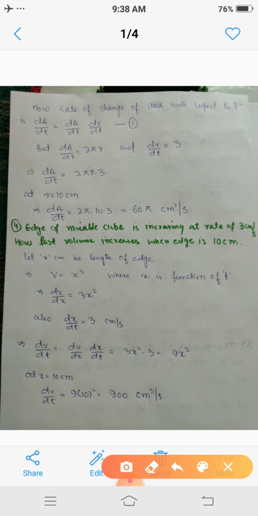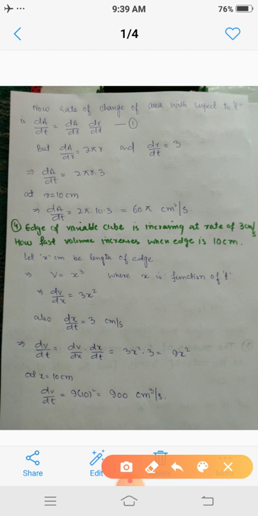Now rate of change of area with respect to time is given by dA/dt. By chain rule, it is dA/dr into dr/dt. But dA/dr is 2πr, and this rate of change in the radius is 3, which implies that dr/dt is 3 centimeter per second.